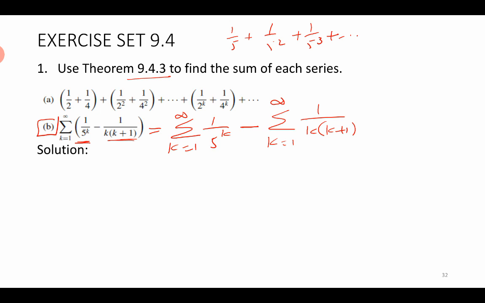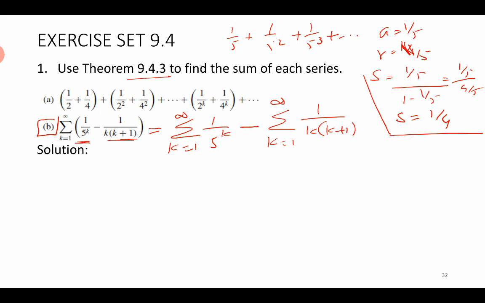It's going on. So the first number is 1 by 5. The ratio is also 1 by 5. So what is S? 1 over 5 over 1 minus 1 over 5, which is 1 over 5 over 4 over 5. So the convergence of the first series is 1 over 4. Very easy, isn't it?